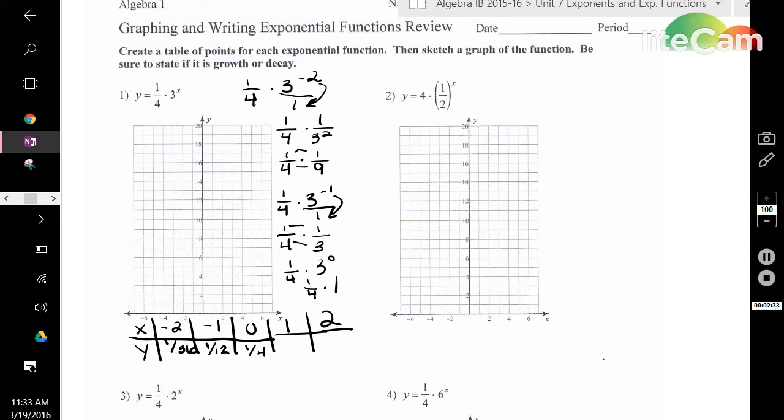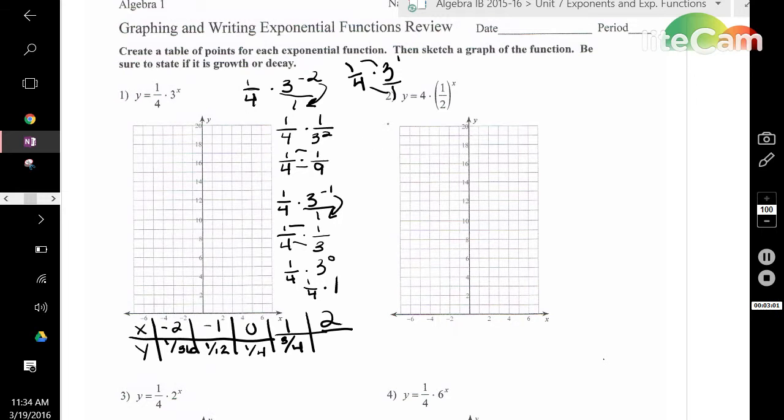If I were to plug in a positive 1, I would have 1/4 times 3 to the 1st power. Now this is not a negative exponent, so I do not have to take the reciprocal. I can just turn it into a fraction and multiply the tops and the bottoms. 1 times 3 is 3, 4 times 1 is 4, so I'd have 3/4.